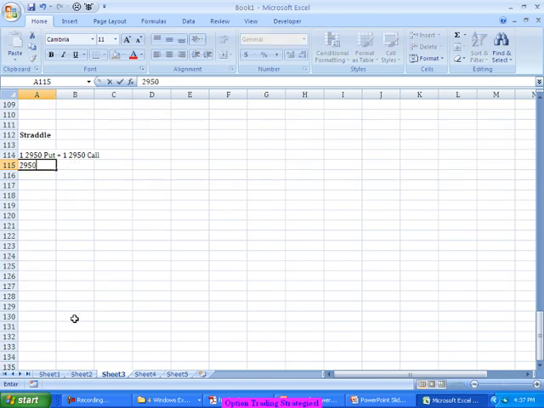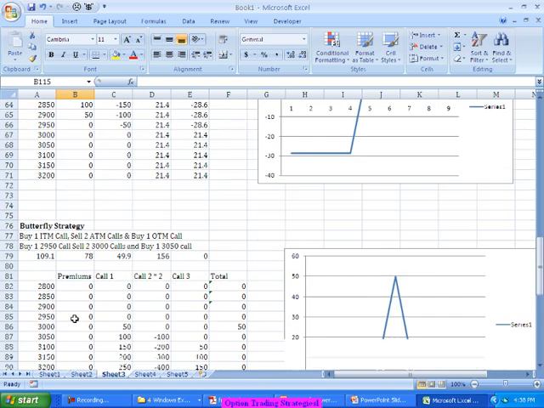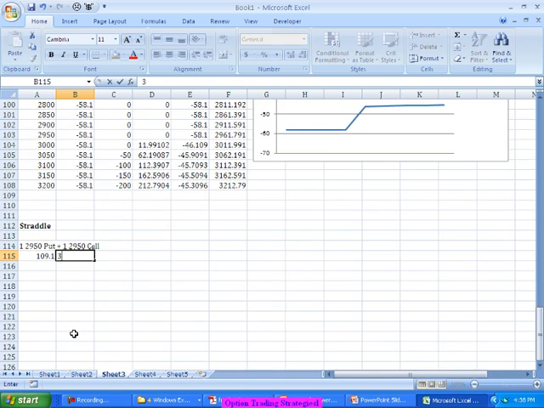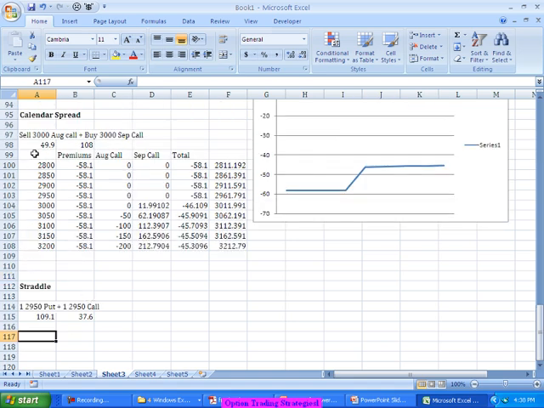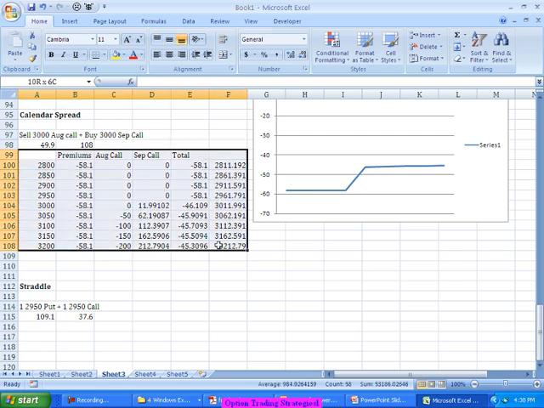Okay, 2950 call is 109.1, whereas put is 37.6.